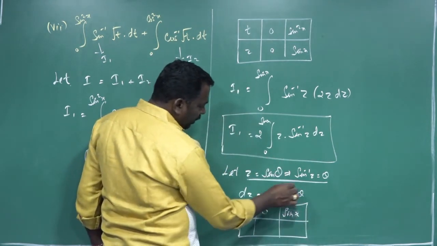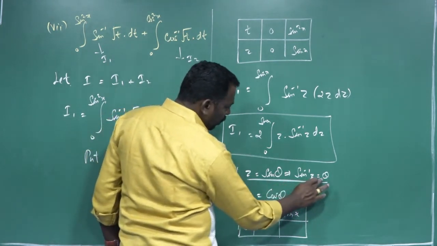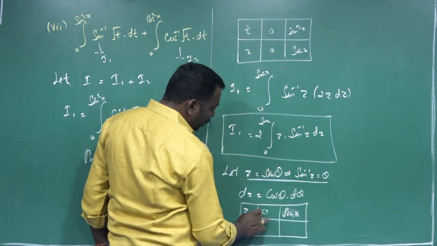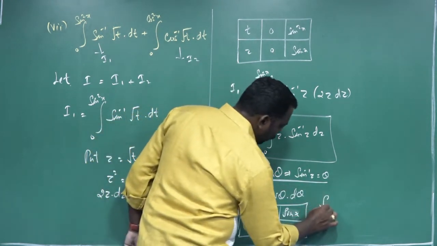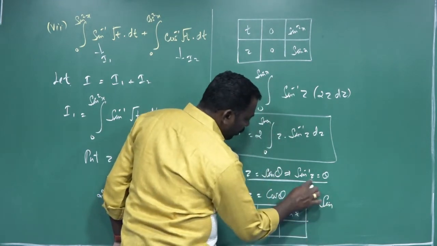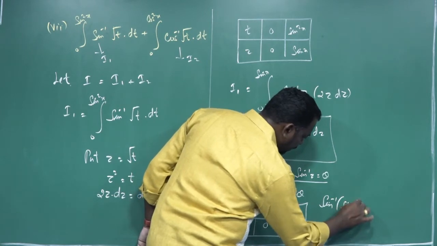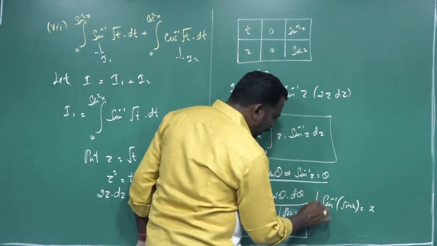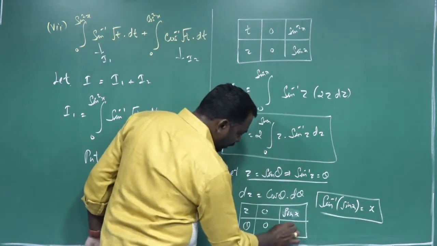Theta is equal to sin inverse of z, so putting z equal to 0, sin inverse of 0 is 0. Then putting z equal to sin x, sin inverse of sin x is equal to x, by the trigonometric formula.